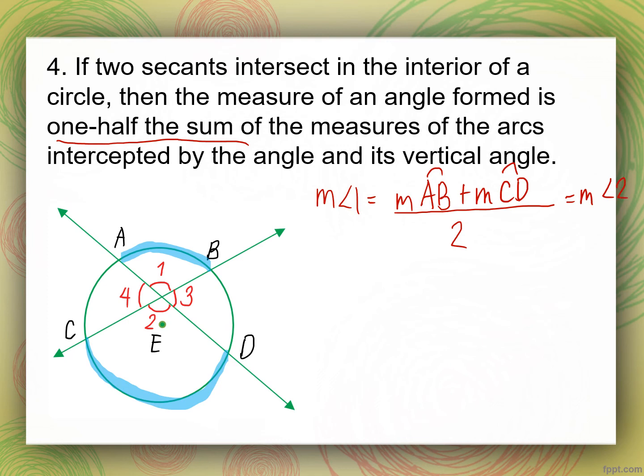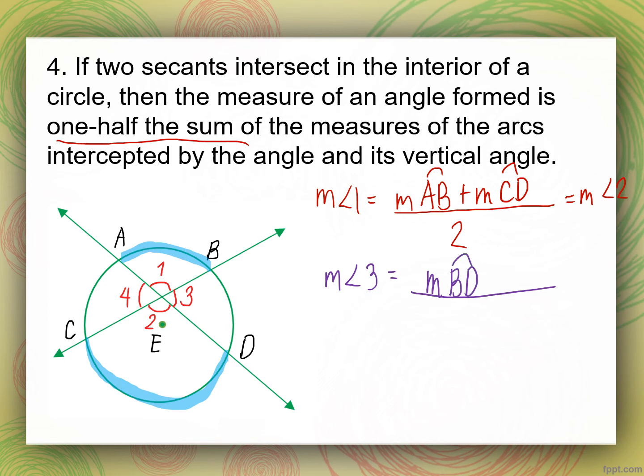Now, if you're solving for the measure of angle 3, this time the intercepted arc of angle 3 is arc BD.